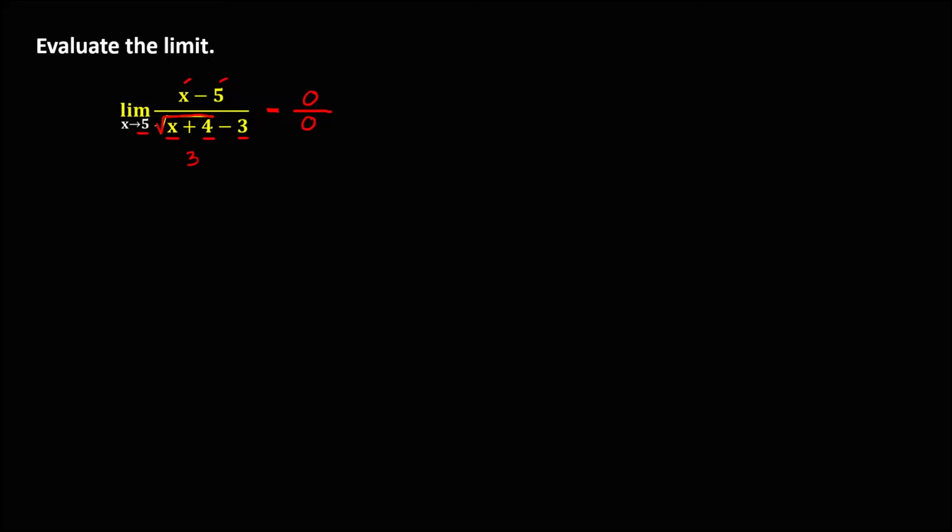So the limit becomes indeterminate. We cannot solve this limit using direct substitution. Therefore, we're going to use another method. Since we have this radical in the denominator, we're going to use the conjugate.